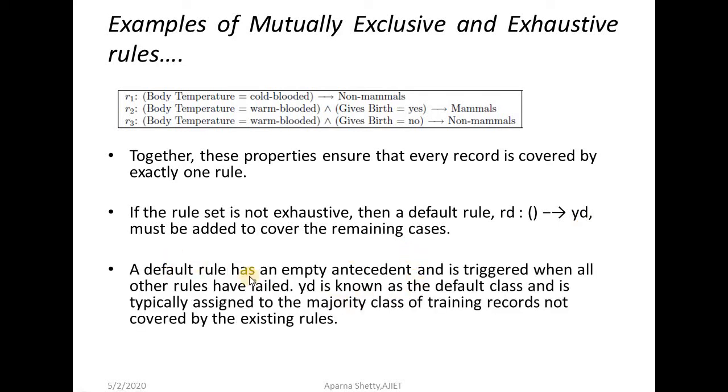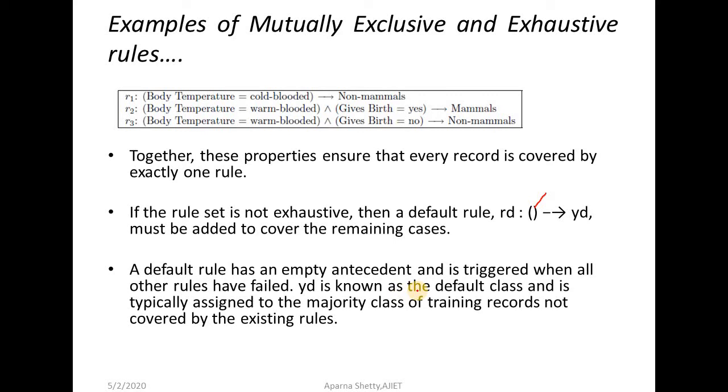A default rule has an empty antecedent, and is triggered when all other rules have failed. So the default rule should be triggered when all other rules fail.